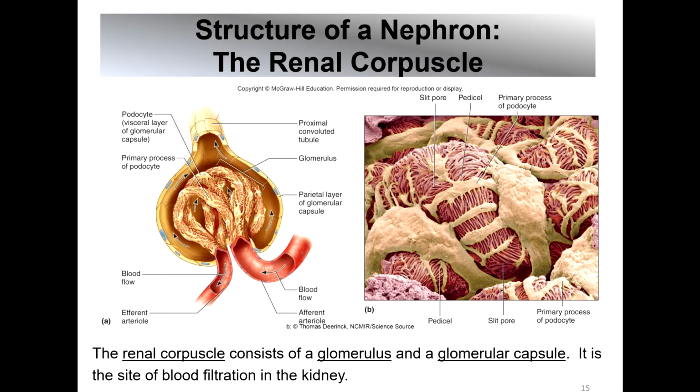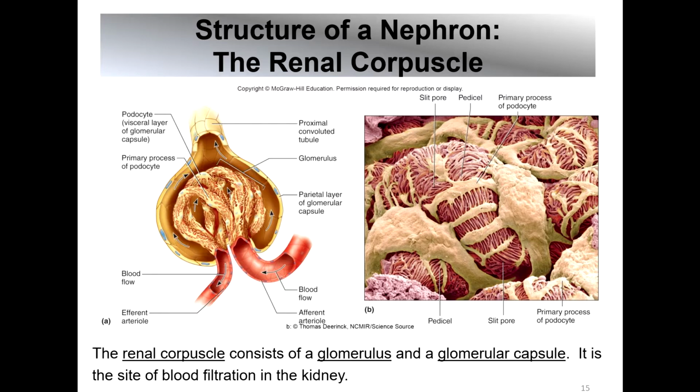Just to approach this one more time, blood enters through the afferent arteriole. It gets filtered in the glomerulus. Some of the blood will remain in the glomerulus and be passed on to the efferent arteriole. Some of the fluid in the blood and dissolved substances will be filtered out.